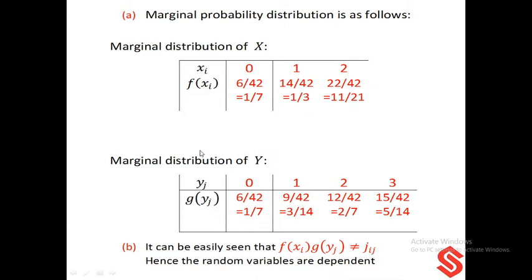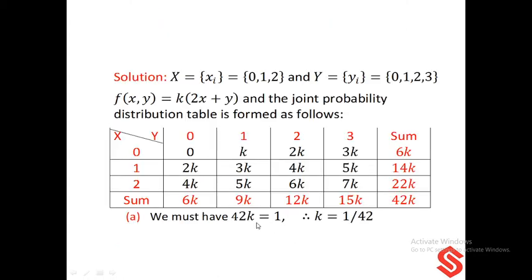Similarly, we get the marginal distribution of y, so that is yj and g of yj. The values of y are 0, 1, 2, 3, so that is y1, y2, y3, y4. Then we get the marginal distributions by adding the columns.